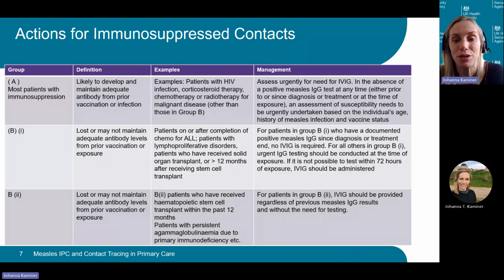As mentioned, for immunosuppressed individuals, the prophylaxis will depend on the level of their immunosuppression and the likelihood that this patient would have retained any pre-existing measles immunity.